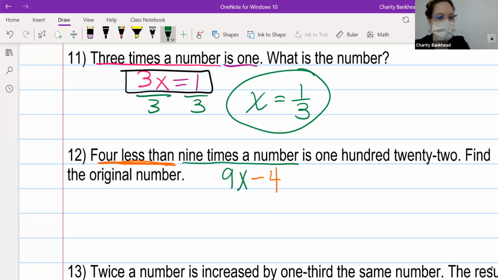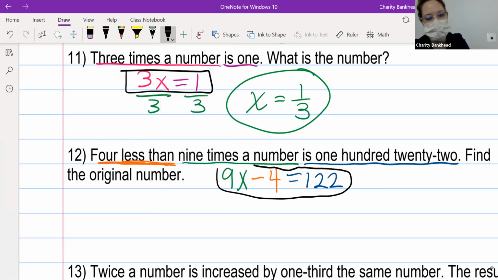So 4 less than 9 times a number, that gives us 9x minus 4 is 122, so equals 122. So that's our equation. Then to solve it, we will add 4 to both sides.